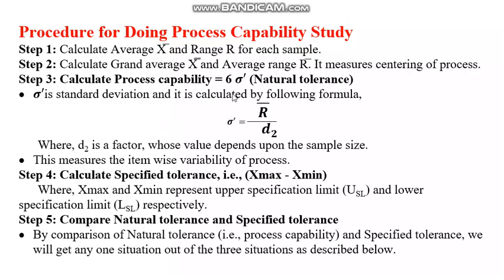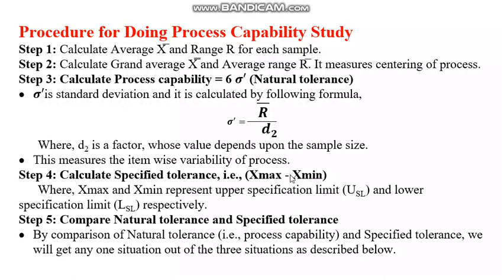Which one? This one, process capability, 6 sigma prime. Now step 4, calculate the specified tolerance, that is X maximum minus X minimum. This is the tolerance. This is from the design tolerance. It is not upper control limit and lower control limit.